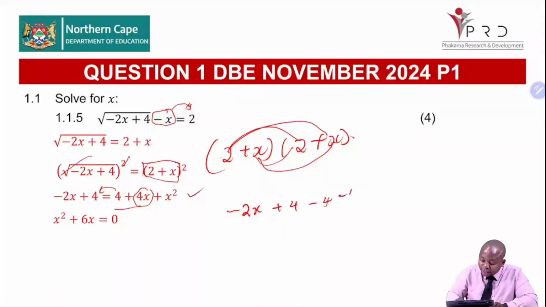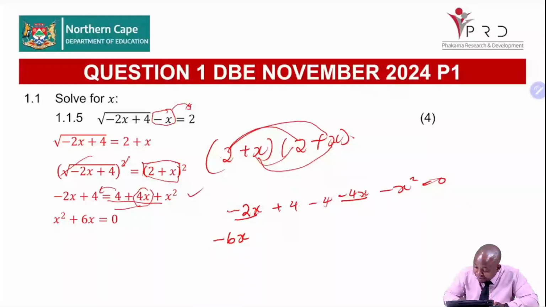When I say negative 4x, applying the additive inverse of everything on this side, minus x squared equals 0. Then I'm going to look for my next terms. I have negative 2x and negative 4x, so I have negative 6x in that case. Then I have 4 and 4, they will subtract out. Then I have minus x squared there. It equals 0 for that part.